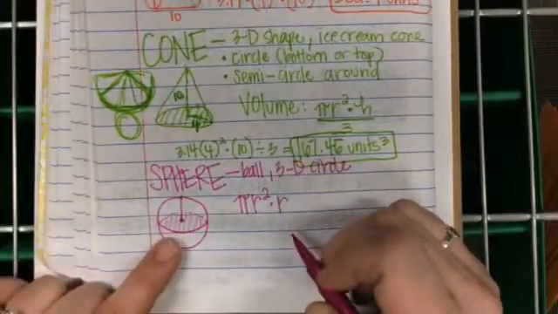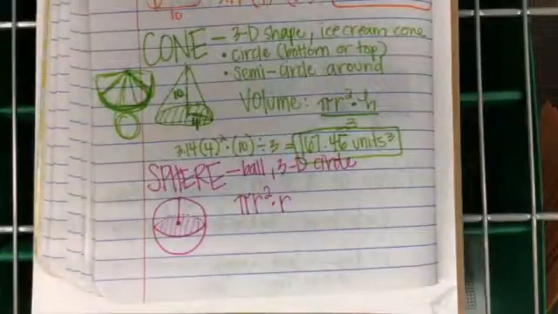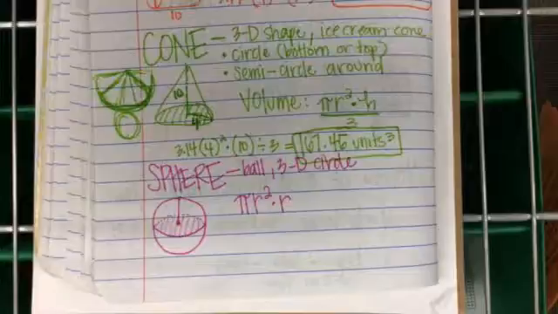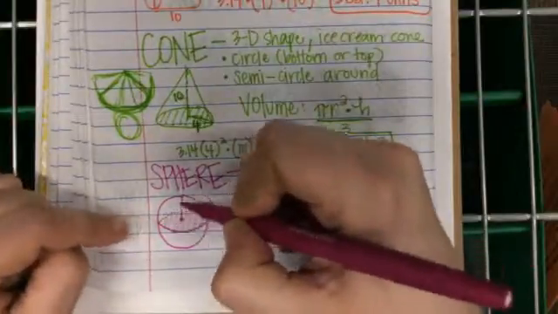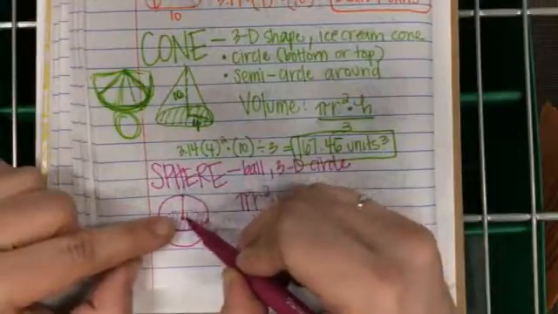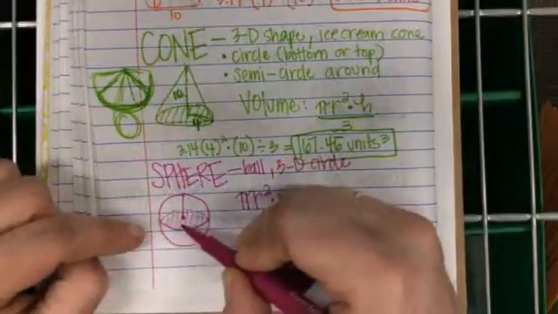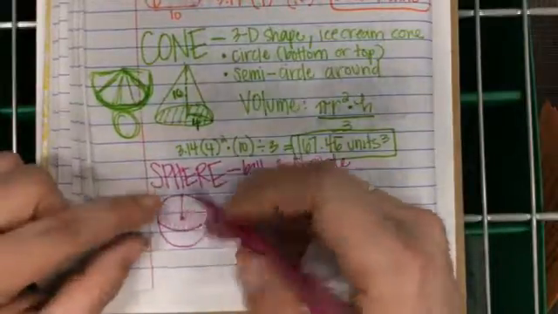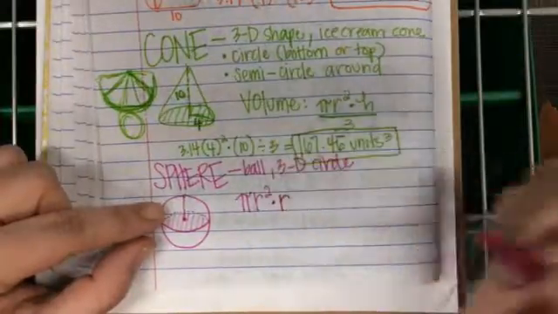There's not really an exact height, but since the circle is the same distance all the way around, the radius is always the same, no matter which way it points. So I'm doing pi r squared times the radius.